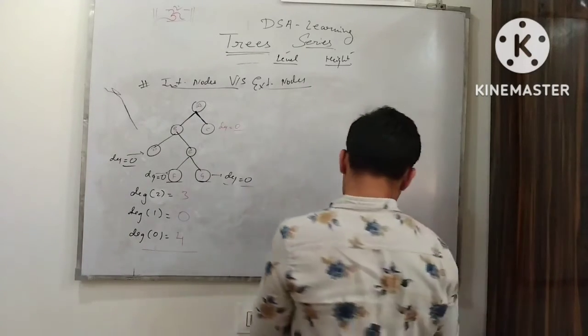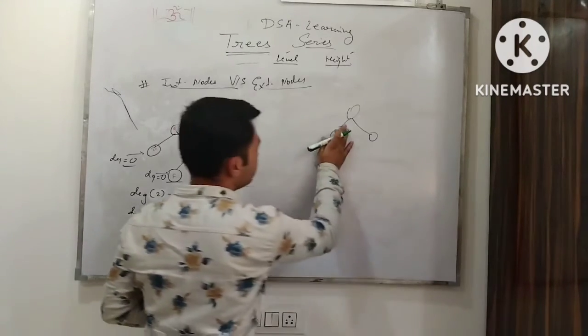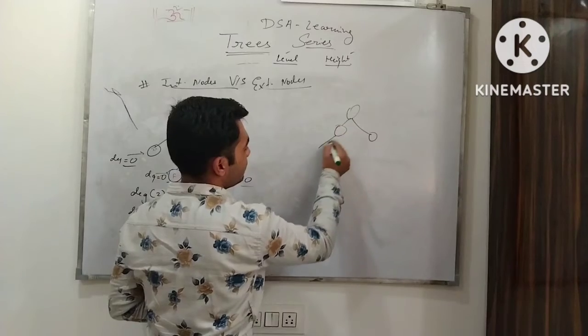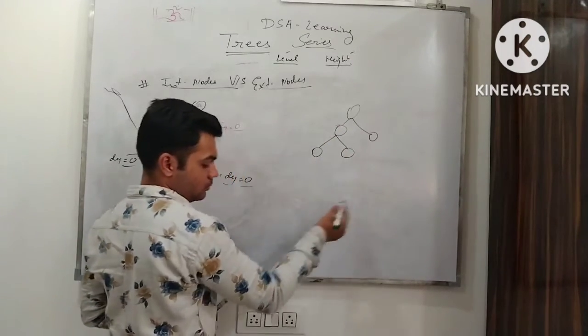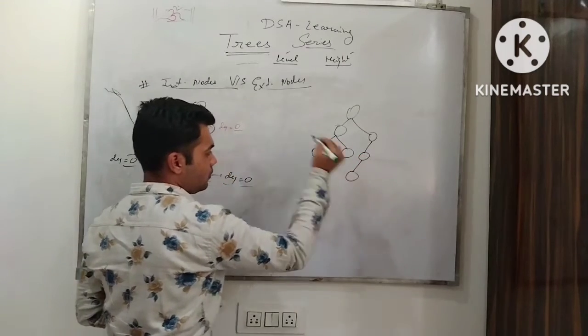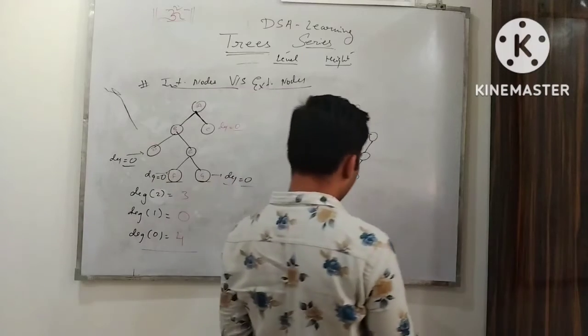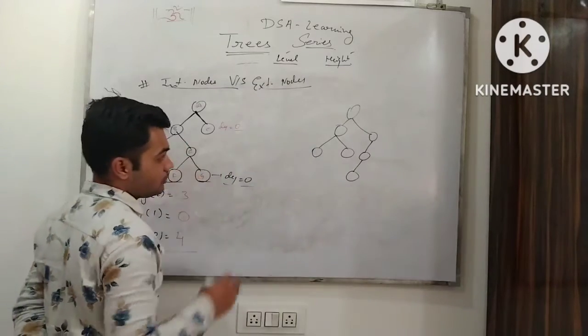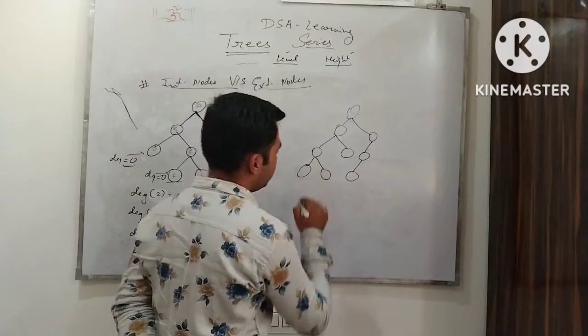Okay, I will have to draw a tree. If I draw a tree like this, then what will happen? Let's draw 2 more.